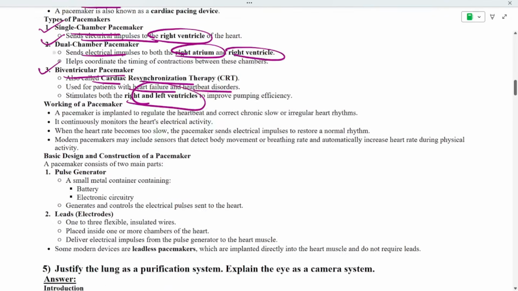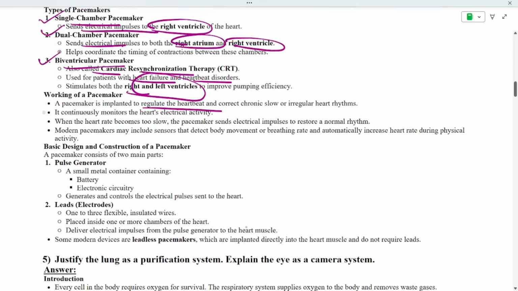How it works is, first a pacemaker is implanted to regulate the heartbeat and correct a slow or irregular heart rhythm. Whatever heart rate the body is following, it will send through waveforms, continuously monitoring the electrical activity of the heart.